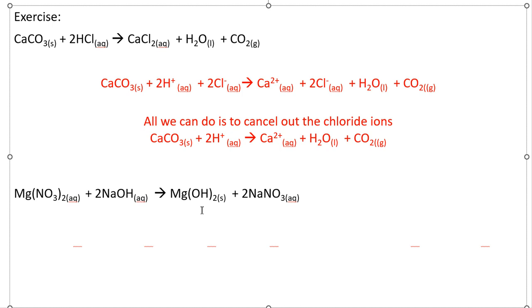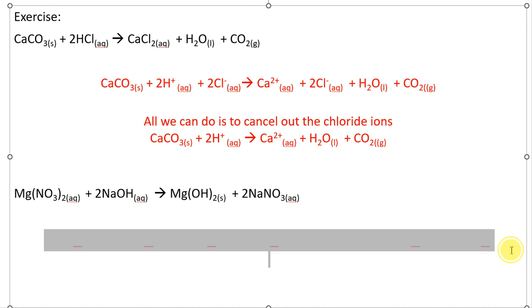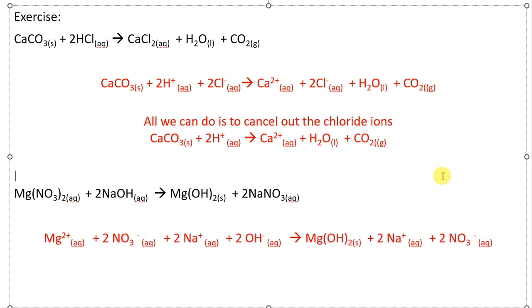On the other side, Mg(OH)2 stays as a solid. It's not broken into ions. NaNO3, because of the coefficient, I've got 2 Na plus and 2 NO3 minus. It's dissolved. The ions are free to move. I write them separately.